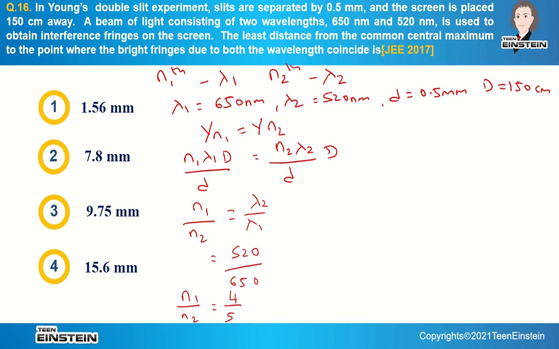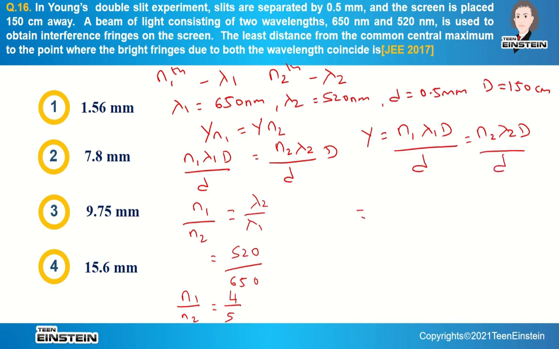The distance of the point of coincidence from the central maximum is given by y equal to n1 λ1 D divided by d equal to n2 λ2 D divided by d. So you are going to substitute in this formula.